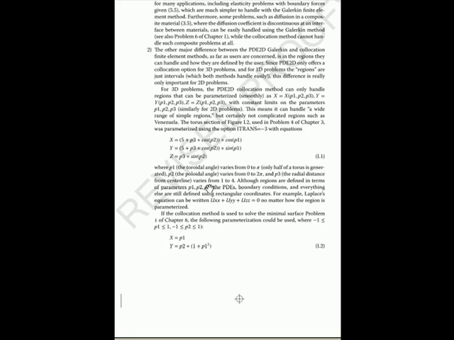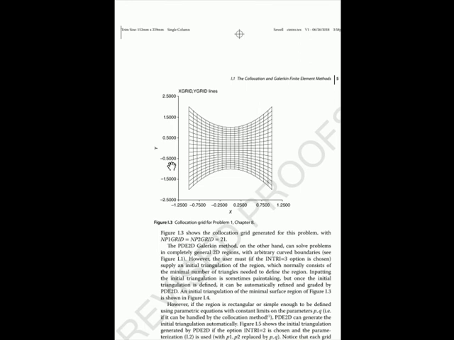Here p1 is the toroidal major angle, p2 is the poloidal minor angle, and p3 is the distance from the center line. And if you can write your 3D region, that's the 3D torus, or 2D region, here's an example of a 2D region, namely this region. If you can write your 3D or 2D region as x, y, z, or x, y in the 2D case, as functions of parameters with constant limits on the parameters, then you can solve it using the collocation method.